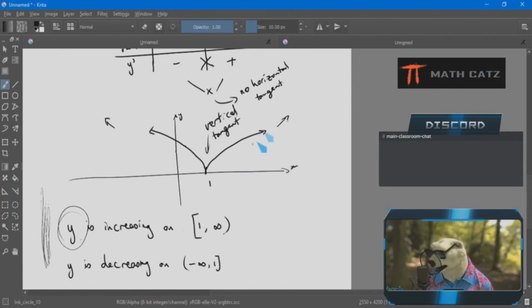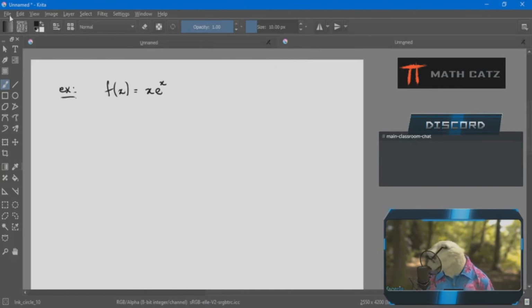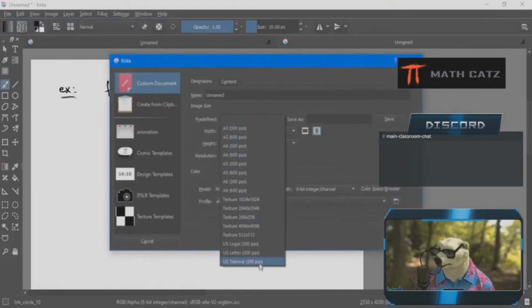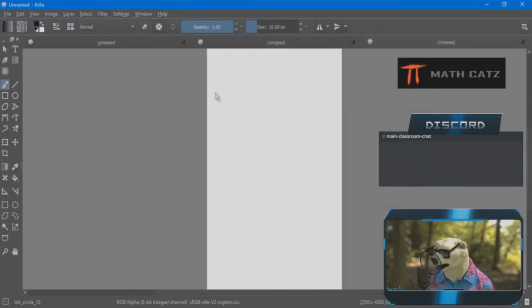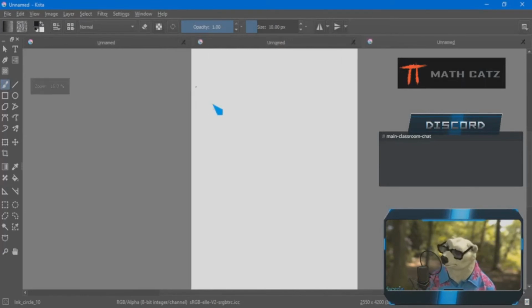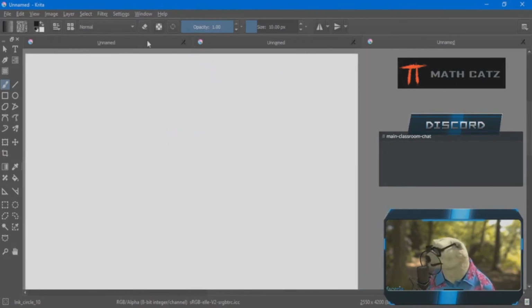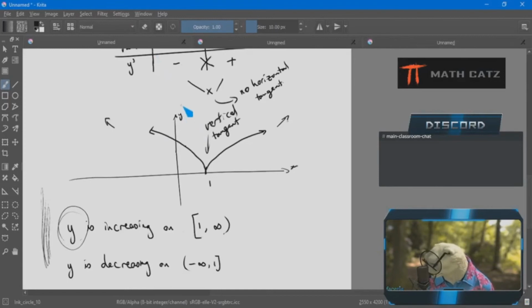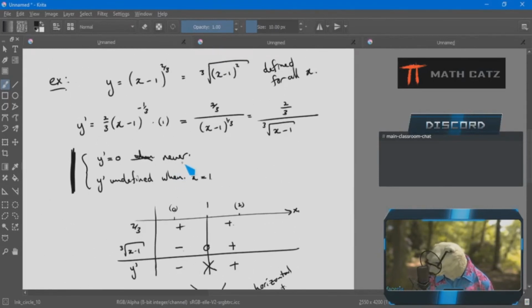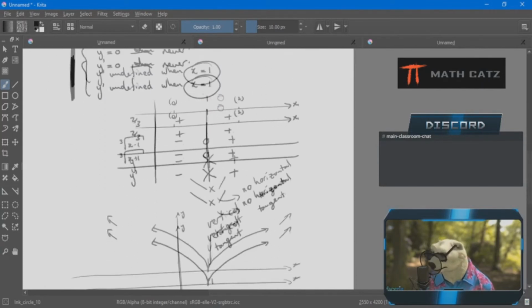All right. So before I move on to this example, actually, I want to classify these points that keep coming up that are interesting. When I look at this first example, I checked where is the derivative 0, where is the derivative undefined. We got an x equal to 1 coming out of that.